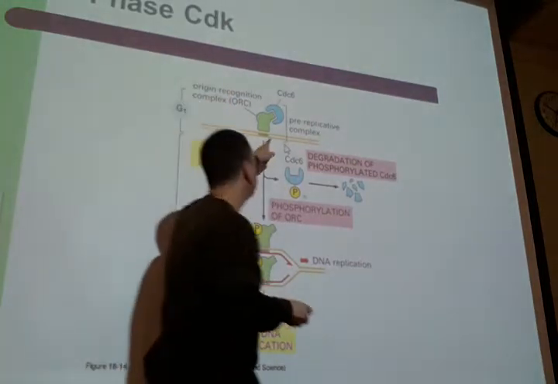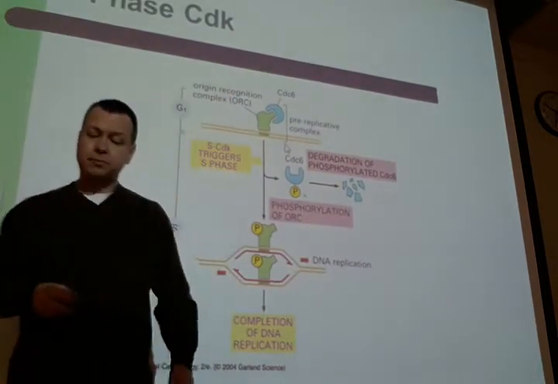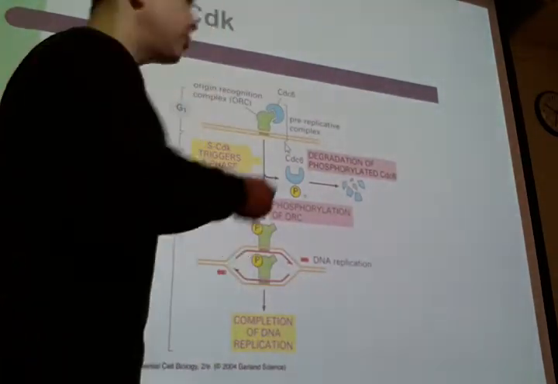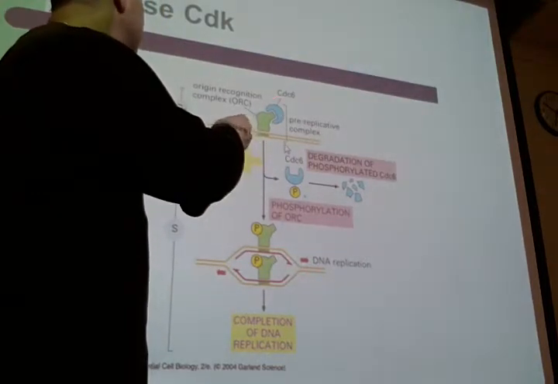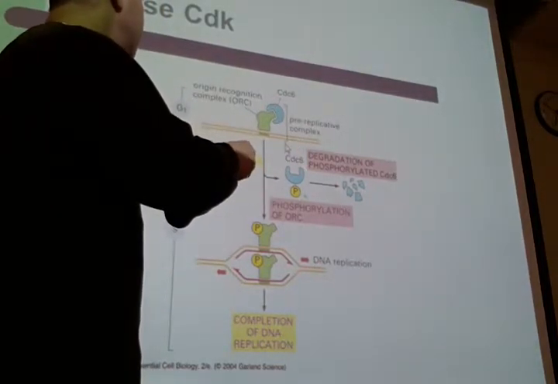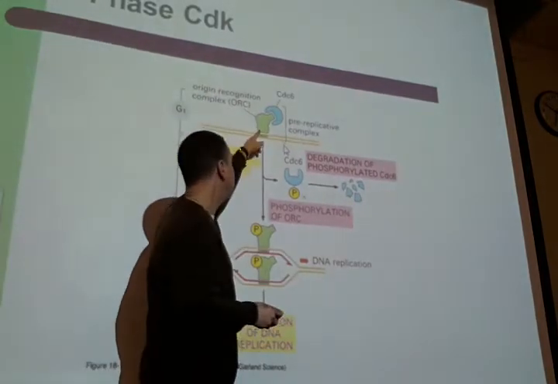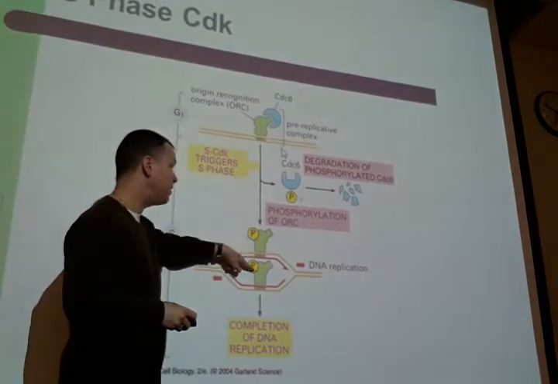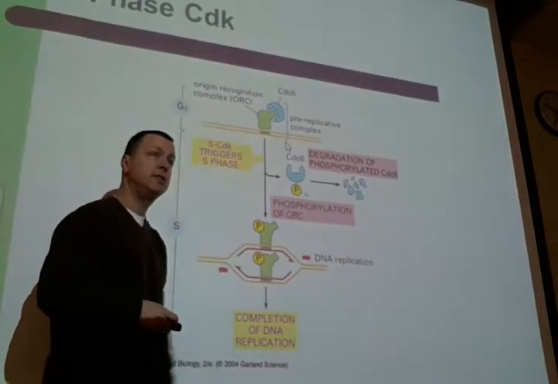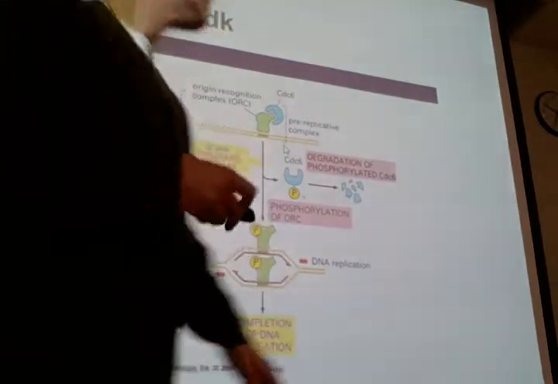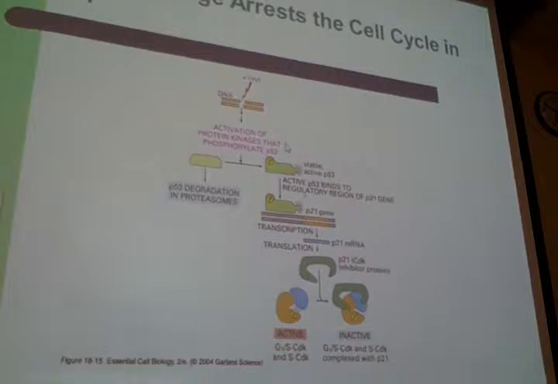It's a target for the first part of the story. The cyclin CDK complex phosphorylates that CDC6, and it falls off. The other protein is already there at the origin of replication and starts DNA replication, which is one example.